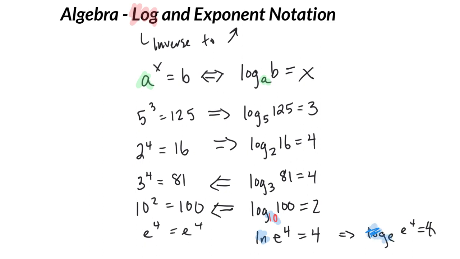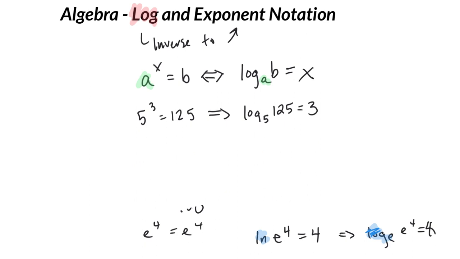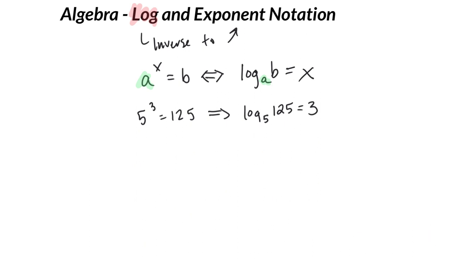Okay? Now, on your calculator, you don't have any of these buttons to solve with. So let me explain how we type this into our calculator. Let me go back to this example. Log base 5 of 125 on our calculator can be typed in as log of 125 divided by log 5.